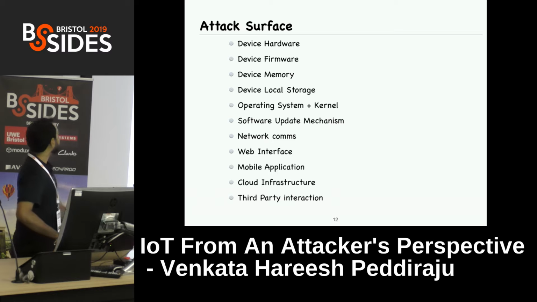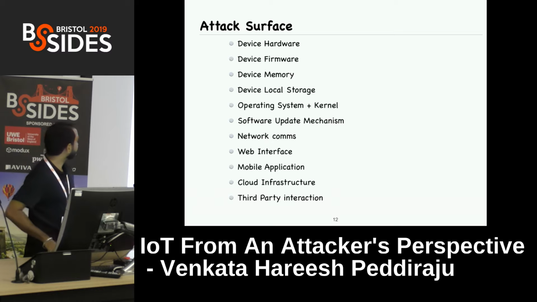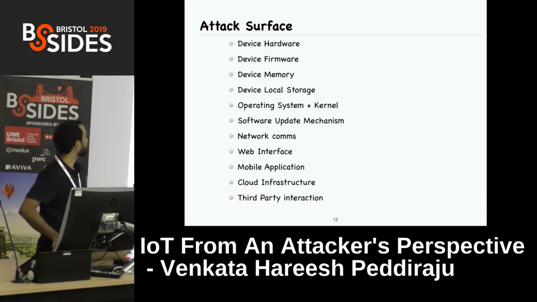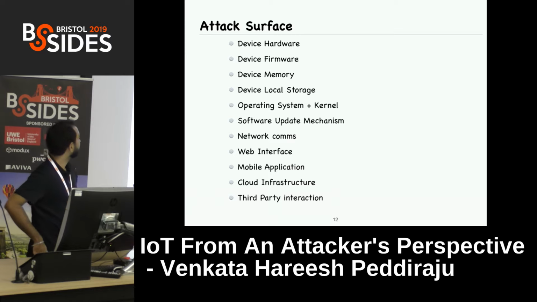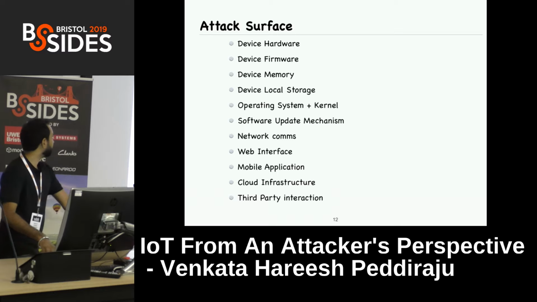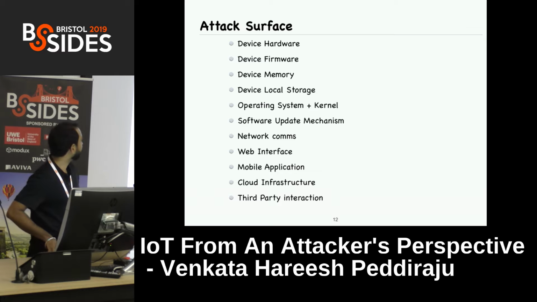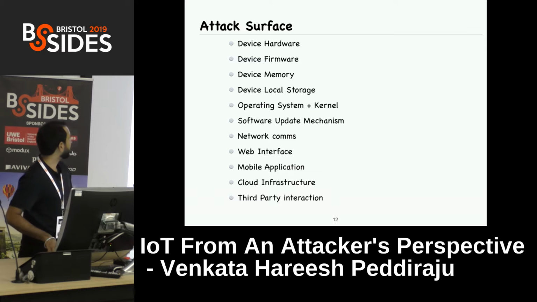So this is a brief list of the attack surface that gets opened up when an IoT solution is introduced anywhere, ranging from industries to basic home automation. We can see that device hardware and firmware are pretty unique to an IoT solution.